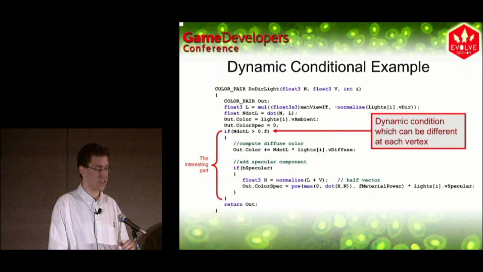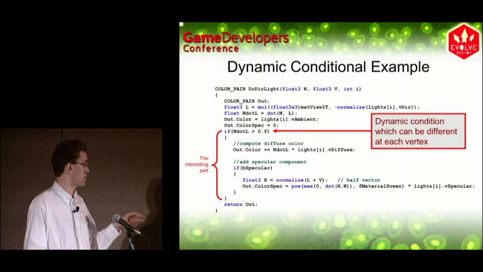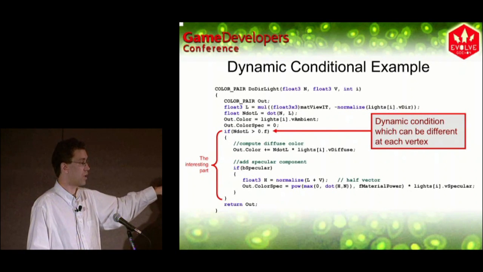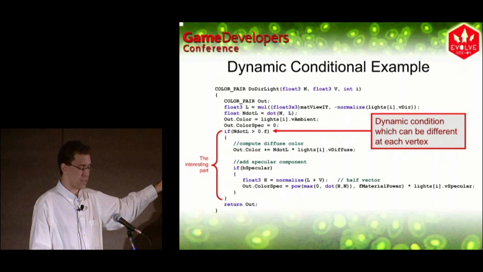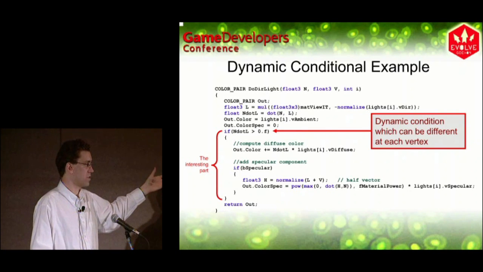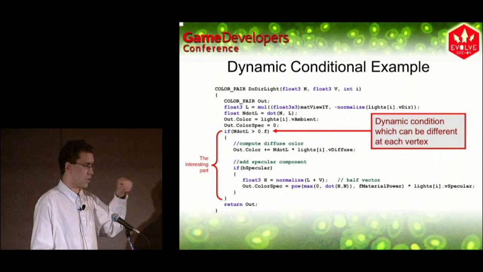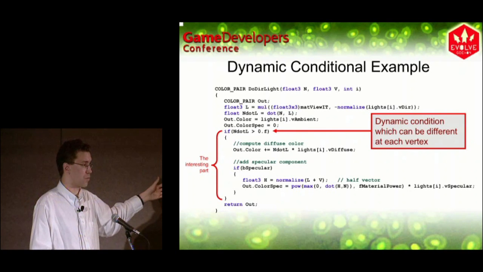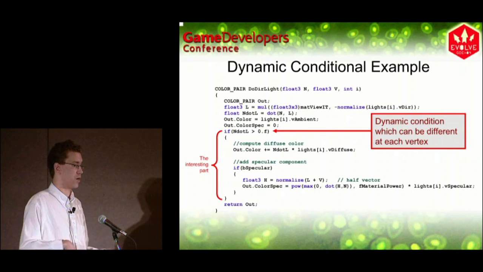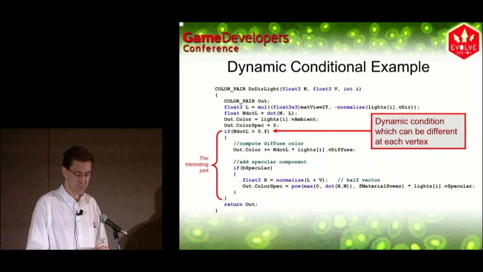Here's an example of that. This is actually the same code snippet as before. You see that little B specular thing inside there, which was a static flow control. But on the outside, this outer if that we're looking at now, you have if n.l is greater than 0. So that is looking for the non-negative Lambertian term. If this vertex is on the back side of the object relative to the light, you will skip over the rest of the lighting code there.